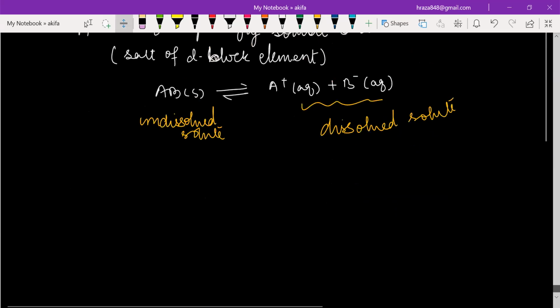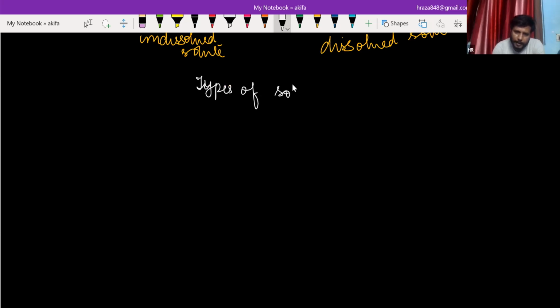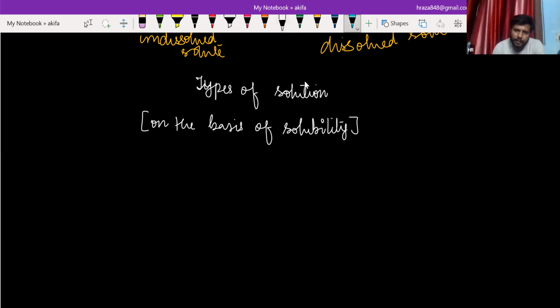Now first we will talk about types of solution on the basis of solubility. The first is basically saturated solution. What is a saturated solution?